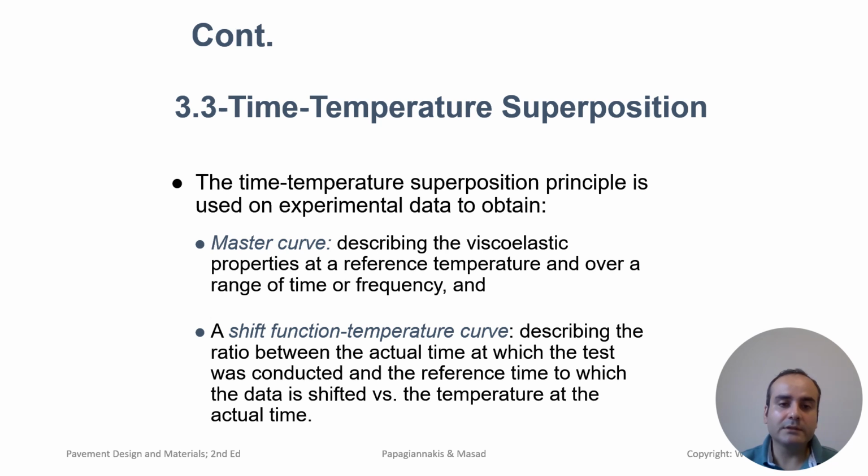This principle can also be used to obtain a shift function temperature curve, which describes the ratio between the actual time at which the test was conducted and the reference time to which the data is shifted versus the temperature at the actual time.